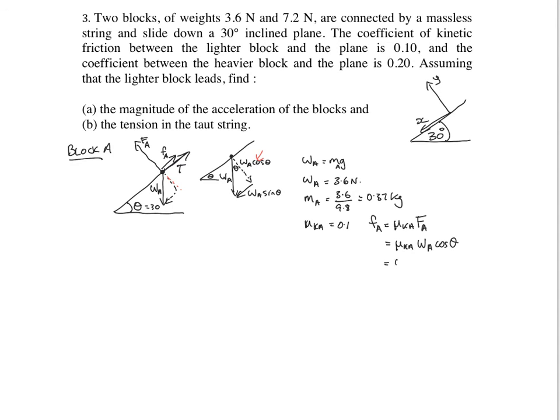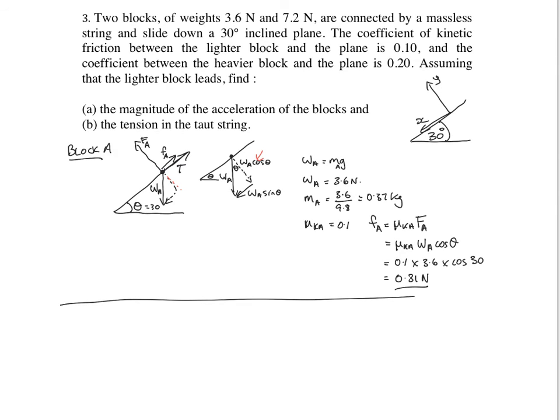We've got those values: 0.1, 3.6 times cos of the angle, and that comes out to be 0.31 newtons. That's our frictional force. So we got rid of one of our unknowns, that we've worked out. So that's block A. Excellent.